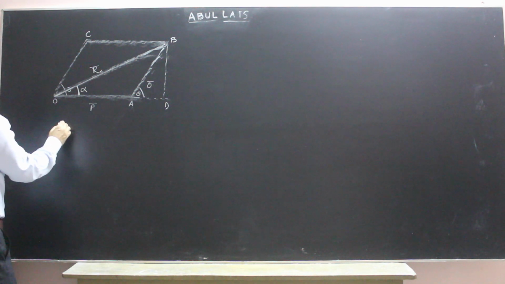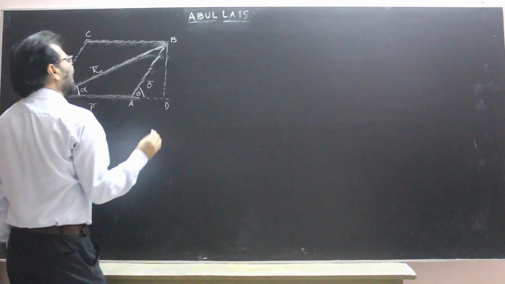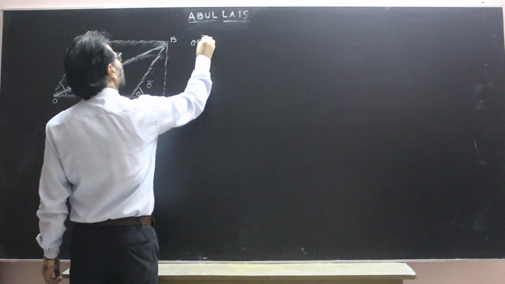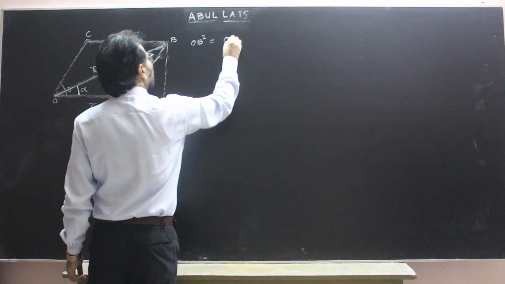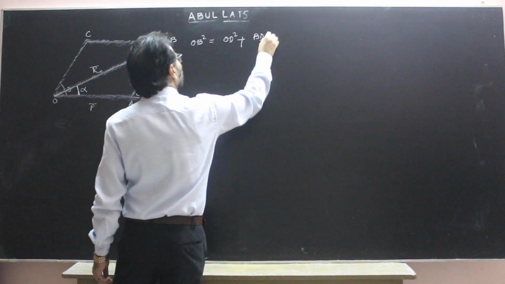Alpha is the angle made by the resultant with vector P. So we have already calculated, or we can calculate again, OB square is equal to OD square plus BD square.